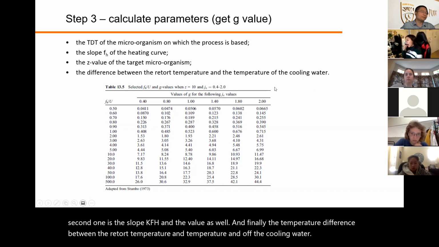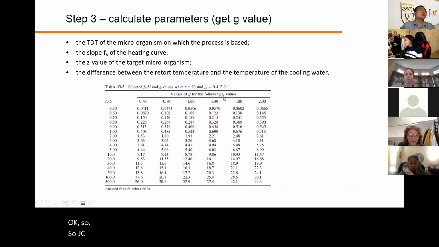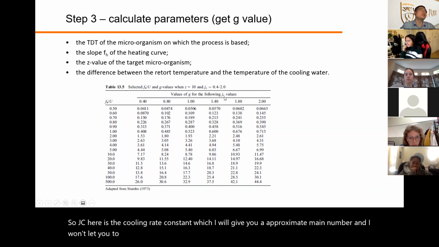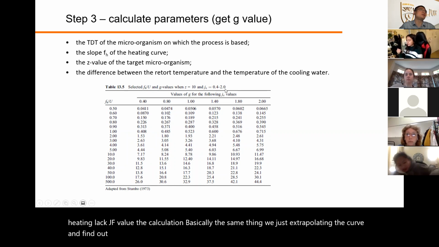So JC here is the cooling rate constant, which I will give you an approximate number, and I won't let you calculate it because the calculation is very similar to the heating lag, the JH value. We're just extrapolating the curve and finding out the ratio. So I'll just give you a number.